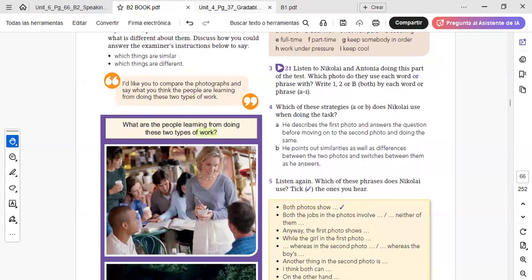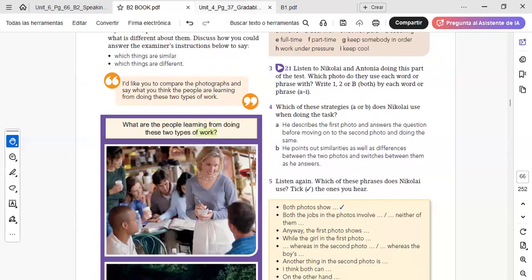The girl's job may be full-time, whereas the boy's is probably part-time. I think both can learn a lot from these jobs. The girl can learn how to keep customers happy, while the boy has to keep children in order. The girl has to learn to work efficiently under pressure. On the other hand, the boy has to learn to keep cool. He'll probably learn not just to deal with children, but also their parents.